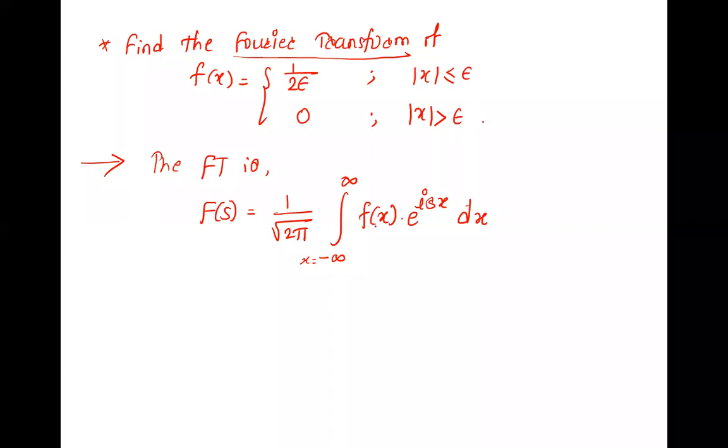Now we have the function, and we have to substitute the function value here. The function is given in pieces. Mod x less than or equal to epsilon means what?